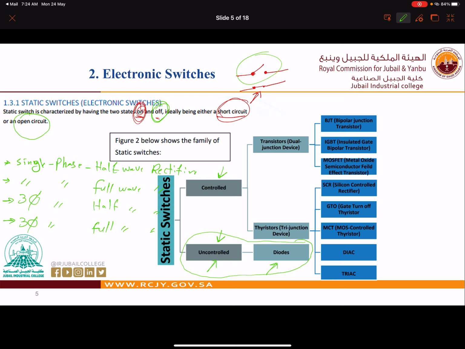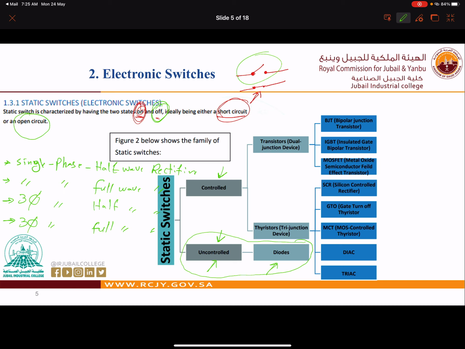So for the diode, we have four topics: single phase half wave rectifier, single phase full wave rectifier, three phase half wave rectifier, and three phase full wave rectifier. And this is uncontrolled switches. We cannot control it by ourselves.